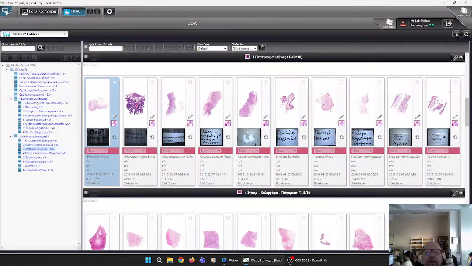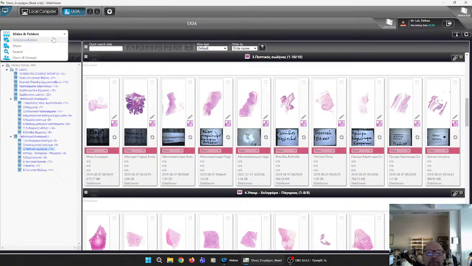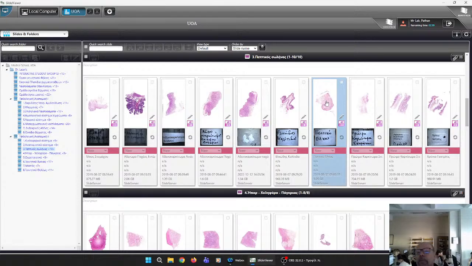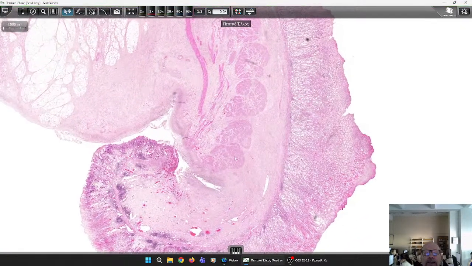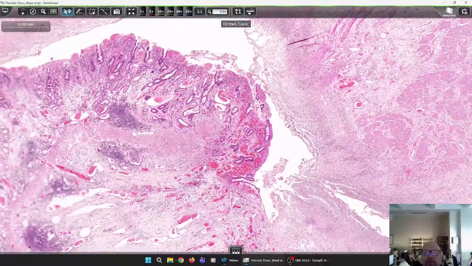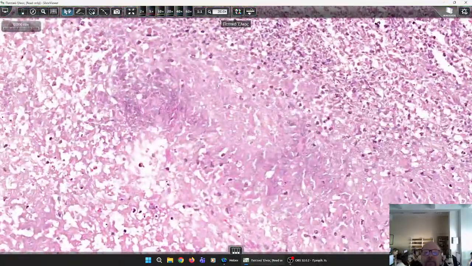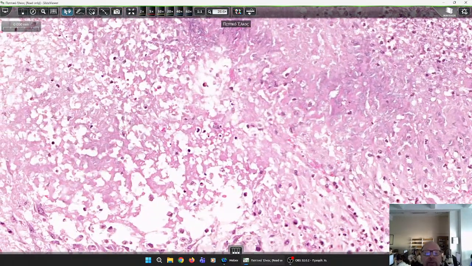But in the other slide of the ulcer, let me see if we have it here, the other ulcer, I think this one, yeah, this one. I think that fibrinoid necrosis is more evident. Here it is, here. This is the inflammatory exudate, and this is the layer of fibrinoid necrosis. You see the necrotic tissue?